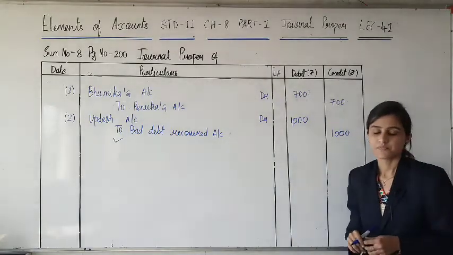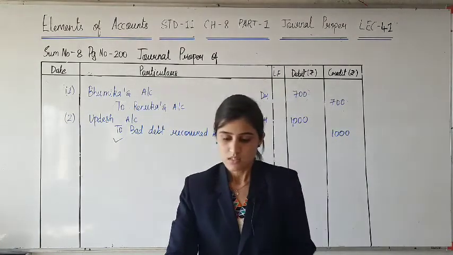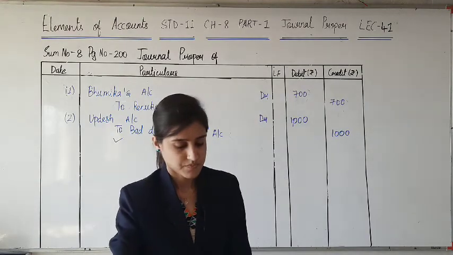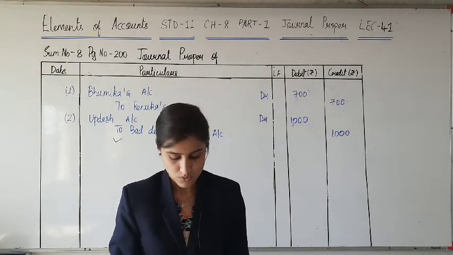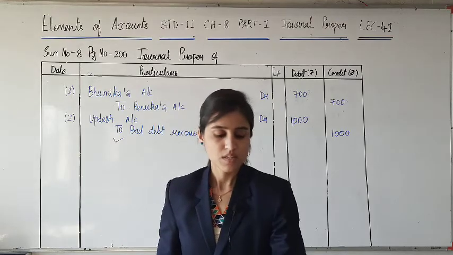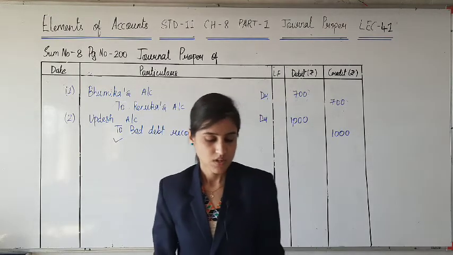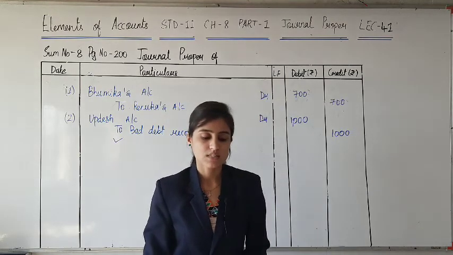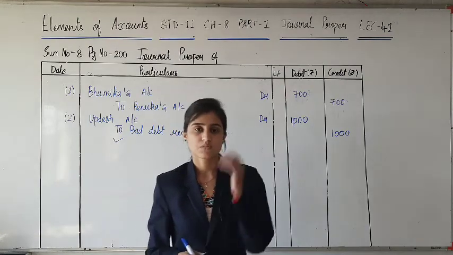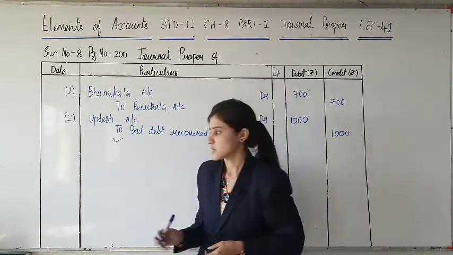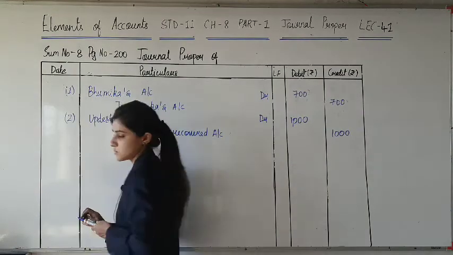All right. Next, we are left with 3 transactions only. Rupees 800 paid to Sharma is debited to Verma's account. The third transaction, let me clean this.